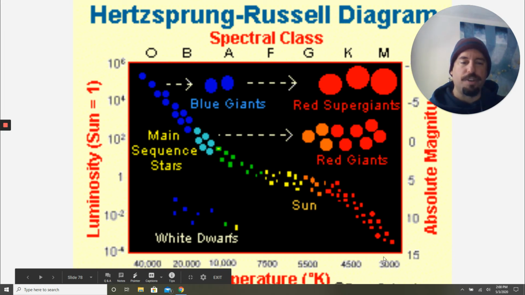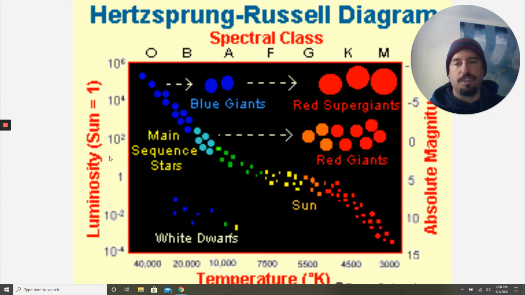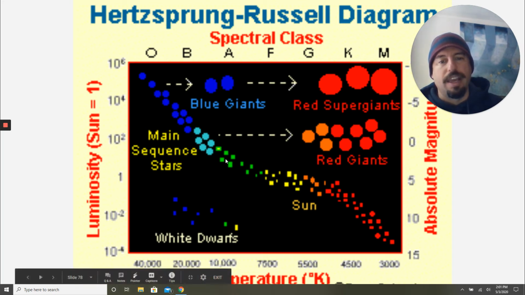You see 3,000 degrees is on the right and 40,000 is on the left. Stars live most of their life along this main sequence. If you're plotting the temperature versus the brightness or the luminosity, most stars for most of their life are going to be living along this curve right here.